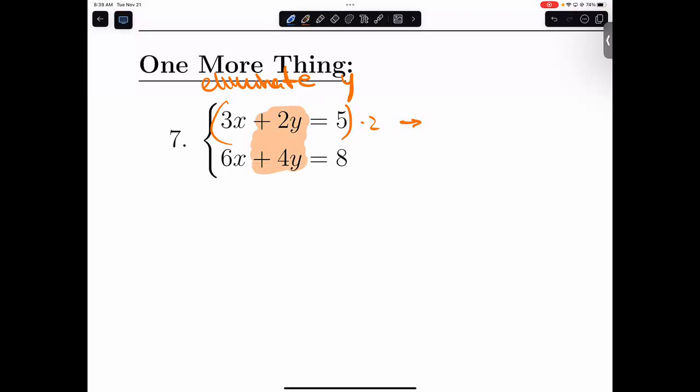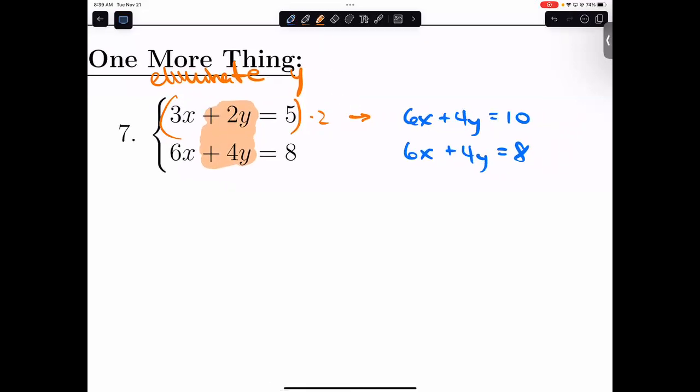Okay. So 6x + 4y equals 10. 6x + 4y equals 8. Probably just in the process of writing that down, you get a feeling for what's about to happen, right? If I'm trying to eliminate y, we would need to subtract because 4y and 4y are exactly the same.